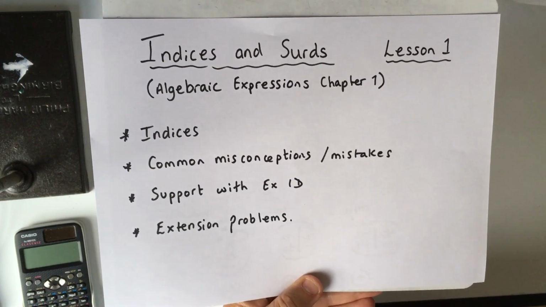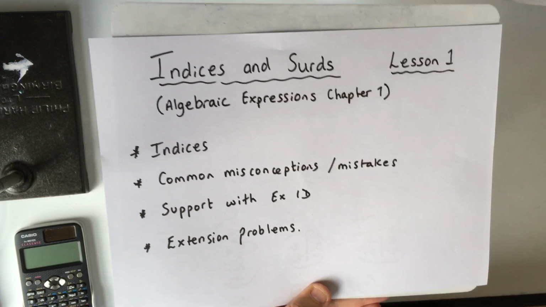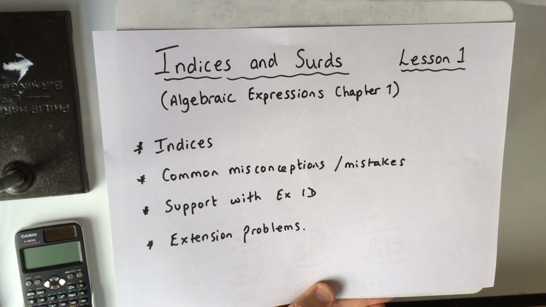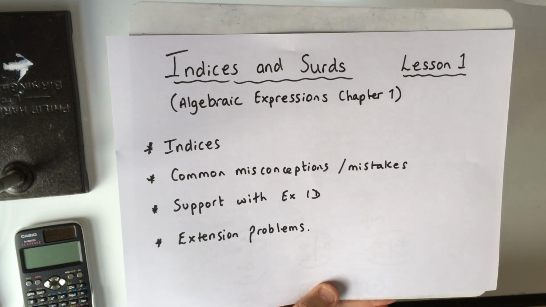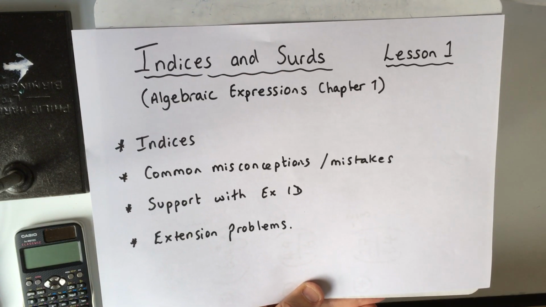Okay, so this is chapter 1. The chapter's actually called Algebraic Expressions. It's from the AS book, the core, but the lessons I'm going to do are on indices and surds, because all of the other stuff is a bit too much overlap for GCSE, and you lot seem really clever anyway.